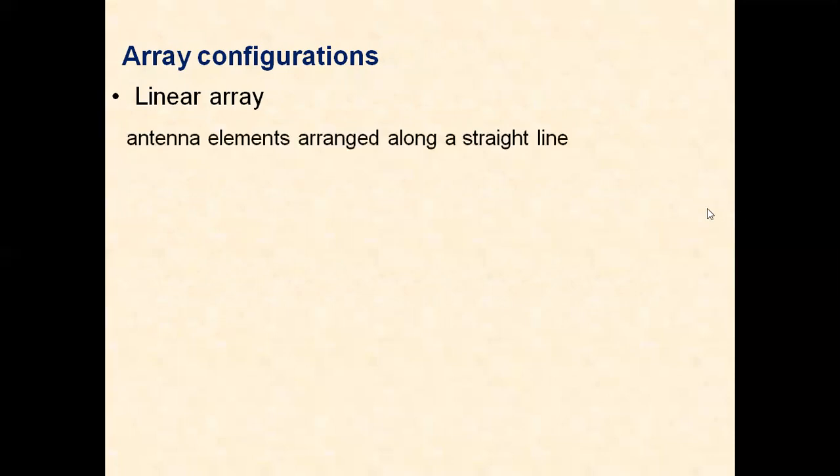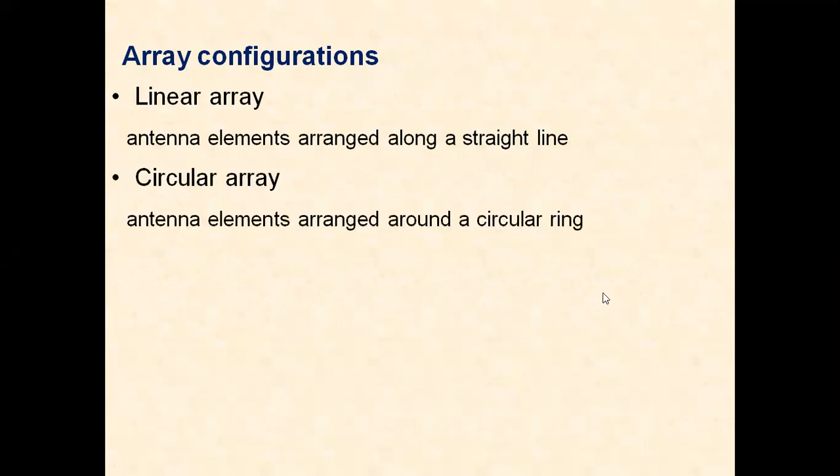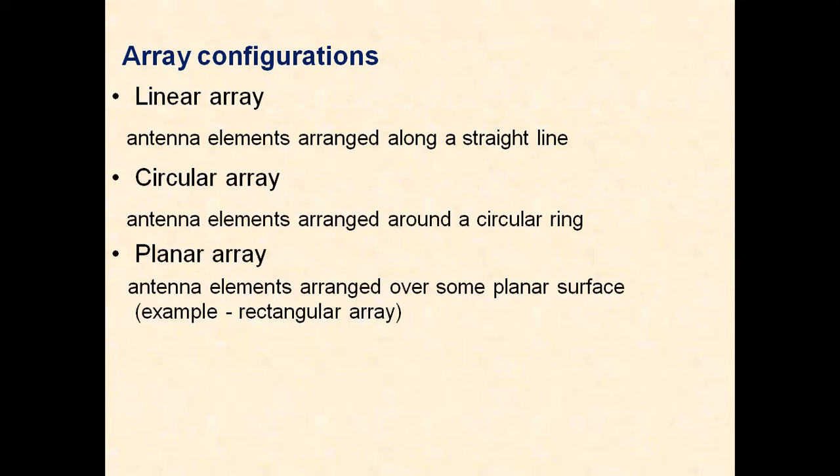Circular array: antenna elements are arranged around a circular ring. Planar array: antenna elements are arranged over some planar surface, for example a rectangular surface.